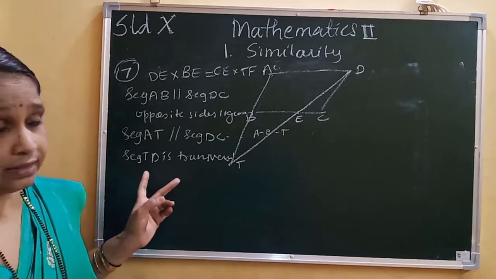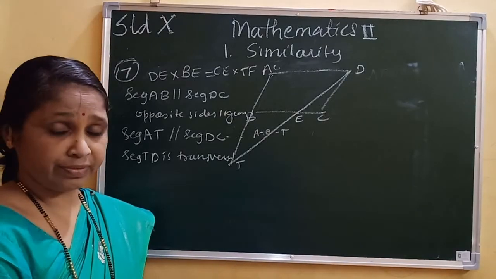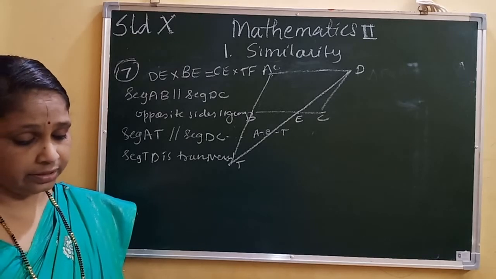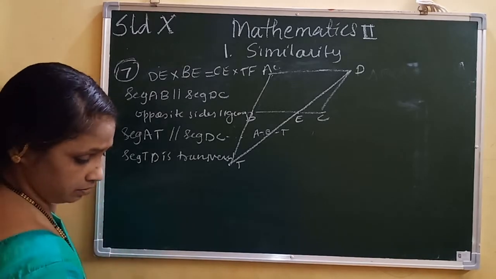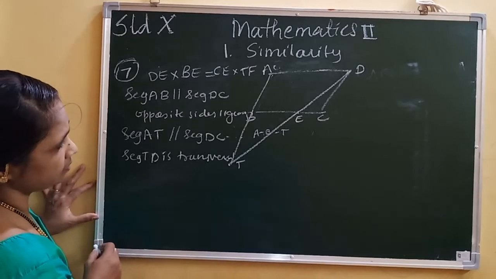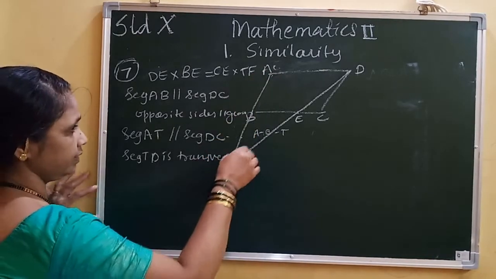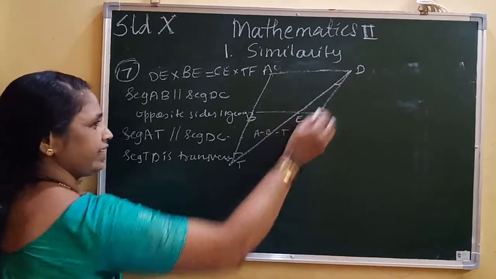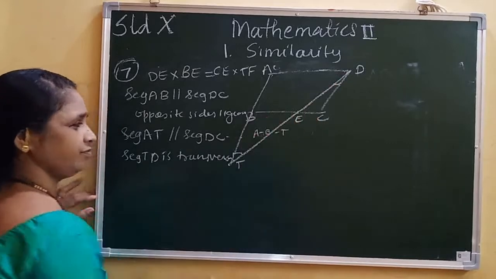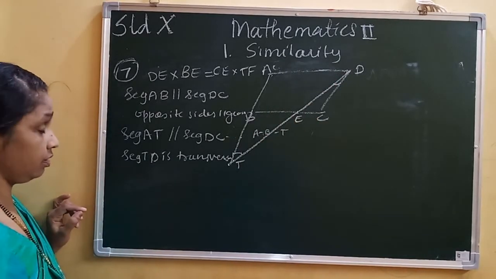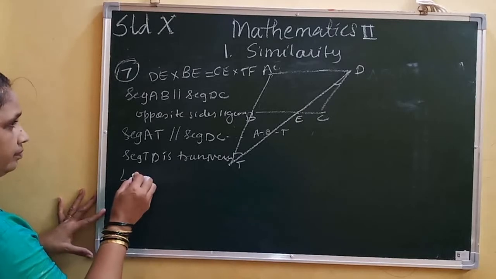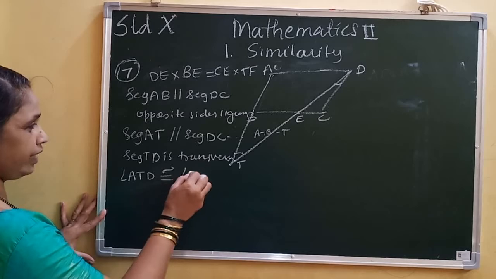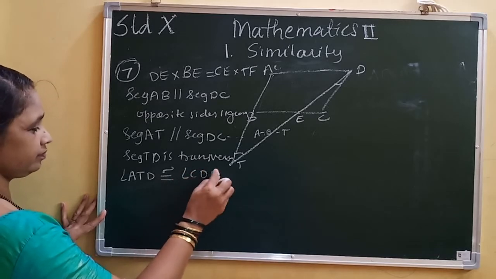Okay, if TD is a transversal, then angles made by the two parallel lines and its transversal, we will see that angle ATD will be congruent to angle CDT.